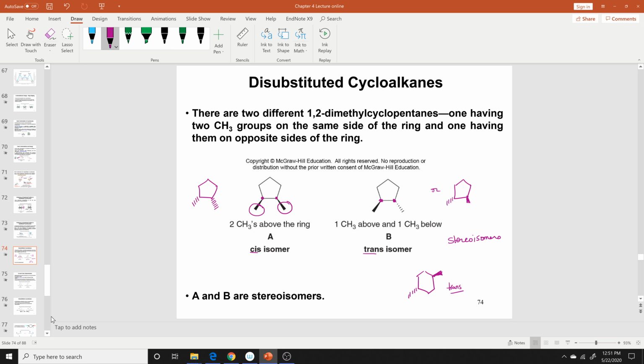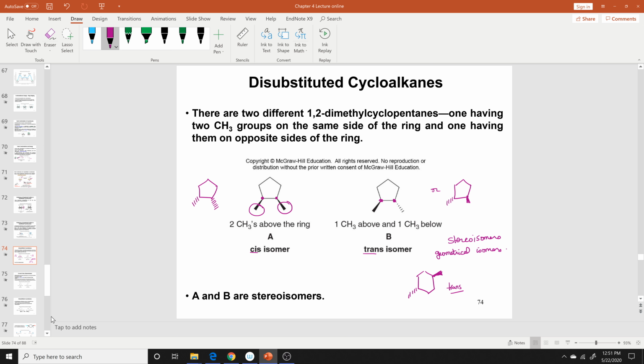The point is, cis and trans, these are types of stereoisomers. We call them geometrical isomers. And these types of isomers basically differ in the arrangement of atoms in space. You can never, ever go from cis to trans by rotation.